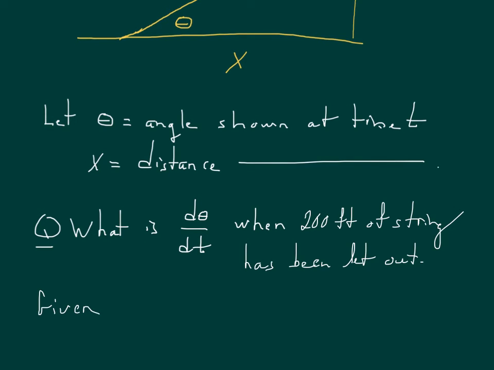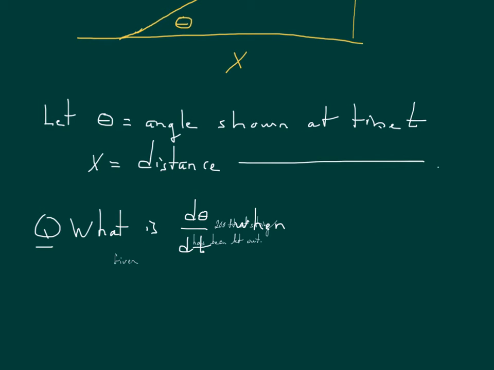As we said above, we're given the speed at which the kite is moving horizontally. That was 8 feet per second, and that is the rate at which this distance x is changing, as we already said above. So we're given that dx/dt is equal to 8 feet per second.